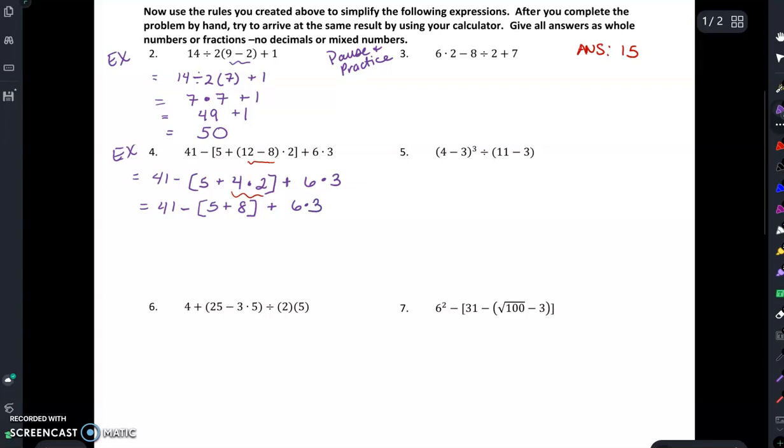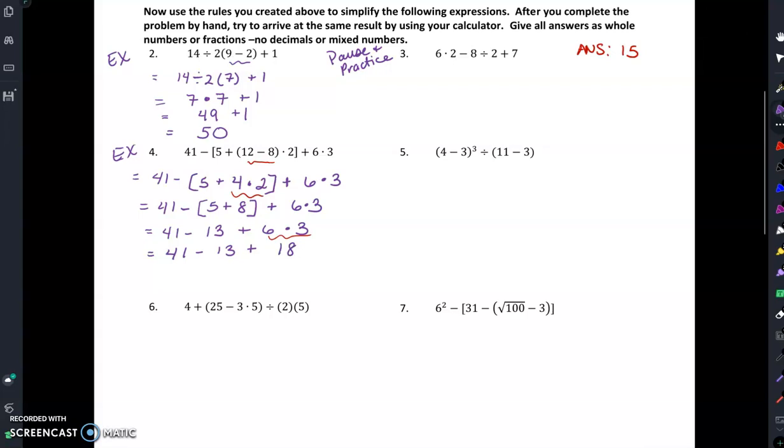Then the next thing, I'm going to work on those brackets. So at this point, it's 13 inside there, so I'm just going to write the 13 plus 6 times 3. Then I'm going to bring down the 41 minus 13 plus the 6 times 3 comes next, and that's going to be 18. Now I have some subtraction and addition.